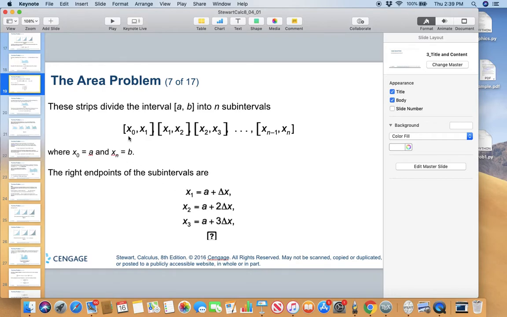I start from a, that is x0, and add one width and one more width, so 2 delta x's. For x3, start from here, one width, another width, and another width. That is 3 delta x's, and so on. So x1 has 1 delta x, x2 has 2 delta x's, x3 has 3 delta x's. So xn will have n delta x's.